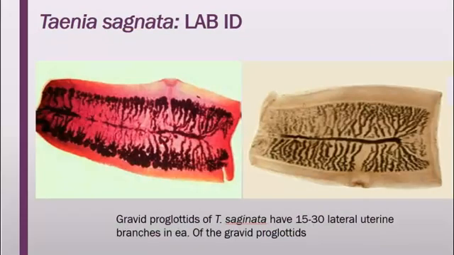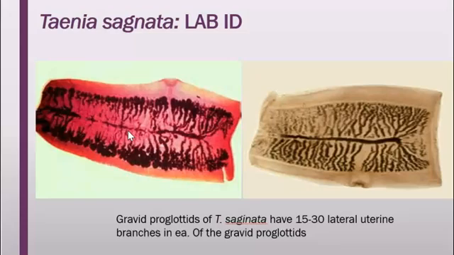So this slide is showing you examples of a gravid proglottid for T. saginata. If you remember, we said that the lateral uterine branches can be about 15 to 30 for T. saginata, or the beef tapeworm. So if you look up through here, there's so many we probably can't even count them, but there's definitely 15 to 30 at least.